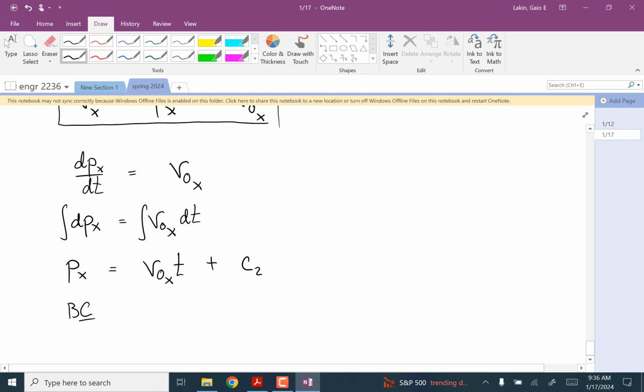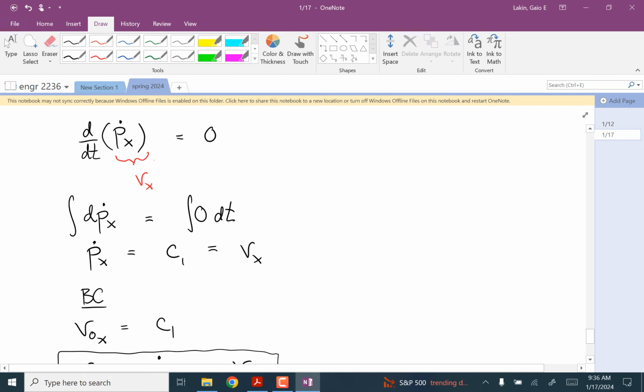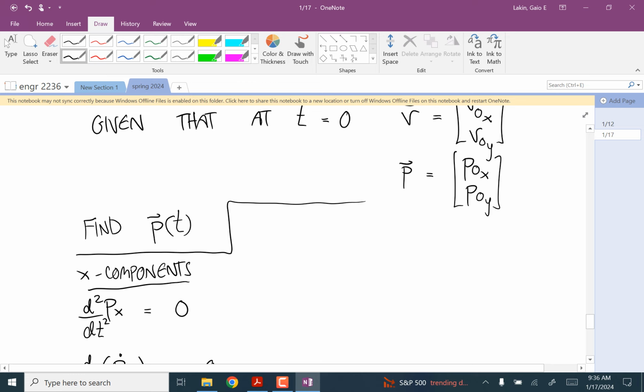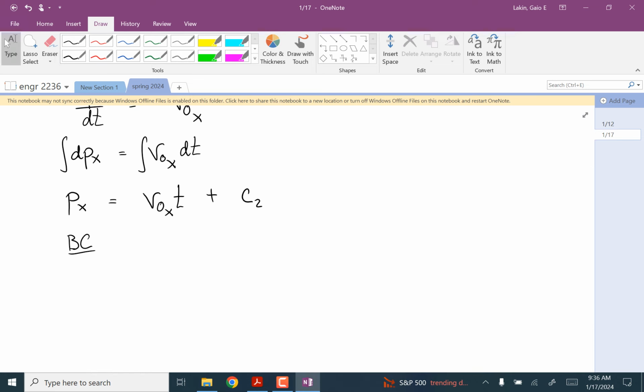Use the boundary condition here. The boundary condition says when time is equal to 0, P sub x is equal to this constant P0x. So Px is equal to, when time is equal to 0, this term goes away. So plus C2.